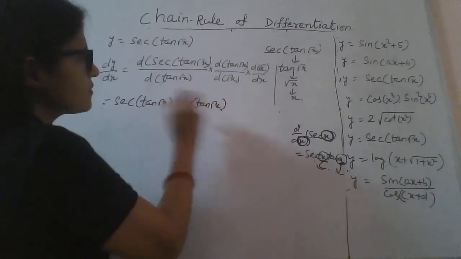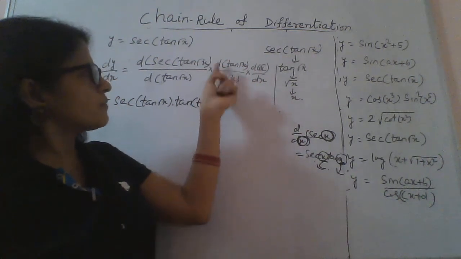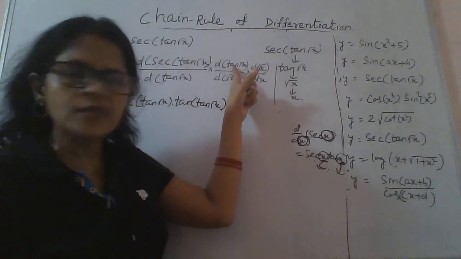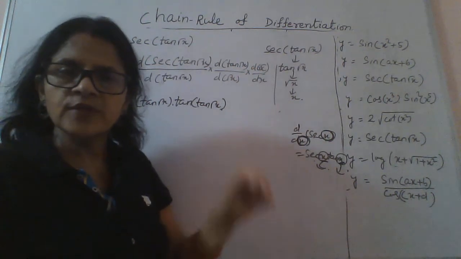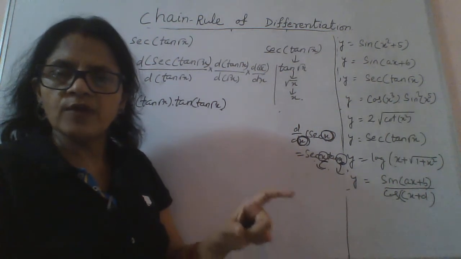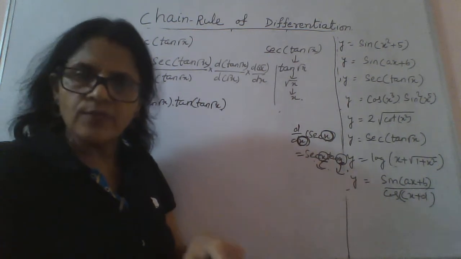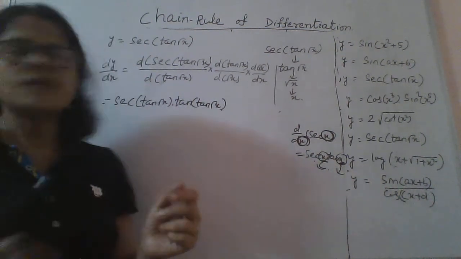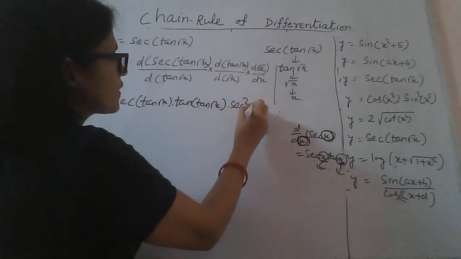Now here, d by d root x means the derivative of tan root x with respect to root x. The derivative of tan x with respect to x is secant square x. The derivative of tan y with respect to y is secant square y. So similarly, this will be secant square root x.